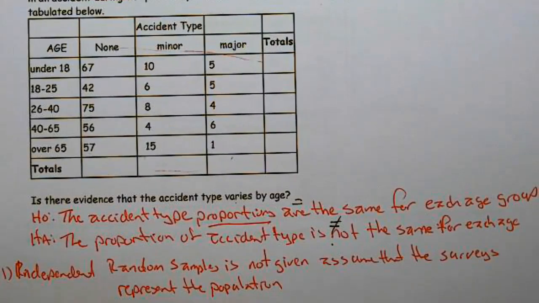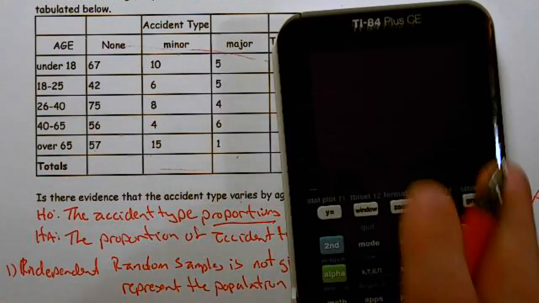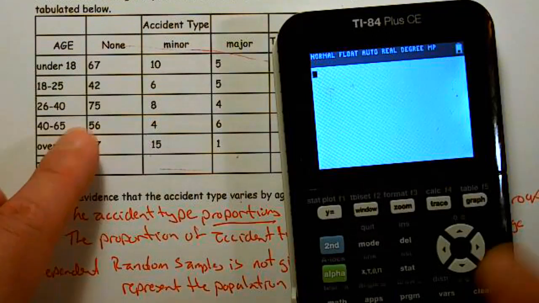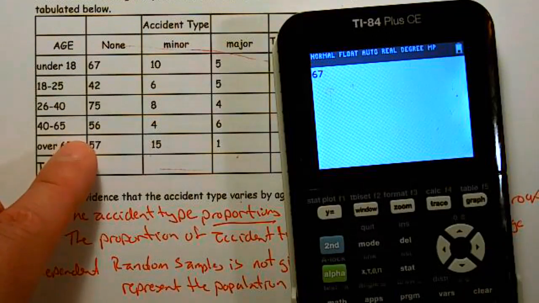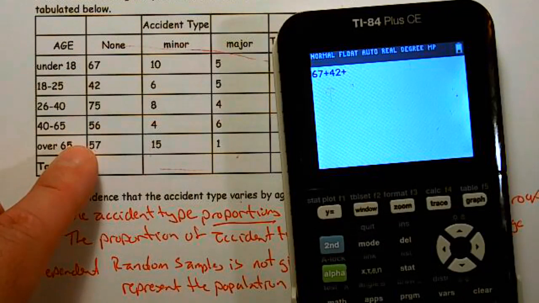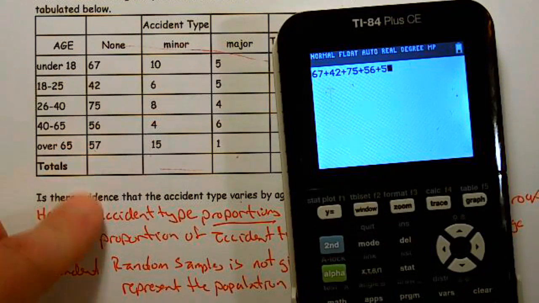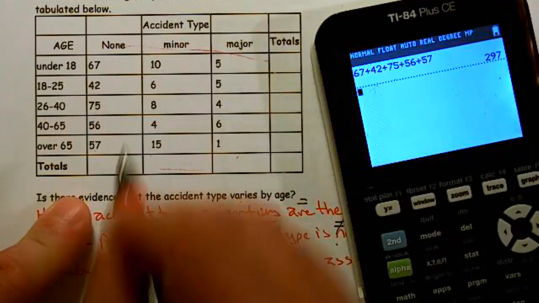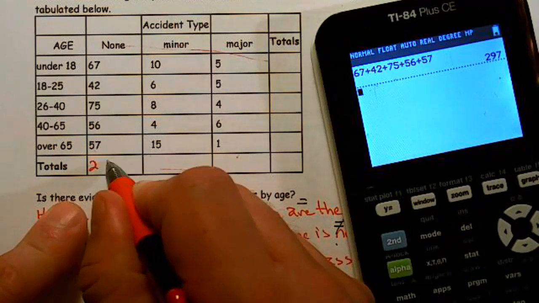N is less than 10%. So we're going to need to add all these up. So let's add them up anyway. 67 plus 42 plus 75 plus 56 plus 57 gives a total of 297 right here.